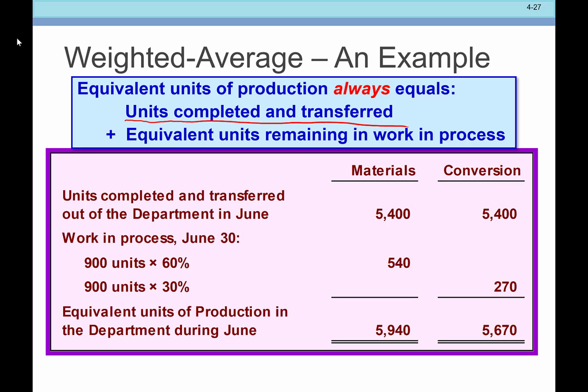And there's about 900 worth of units sitting in there. So we just apply those percentages to those different things, right? So on an equivalent unit basis, we've got 540 units as to materials. We've got 270 units as to labor.